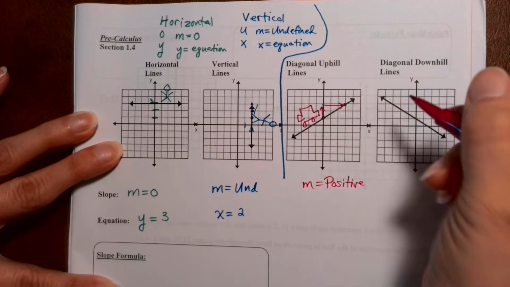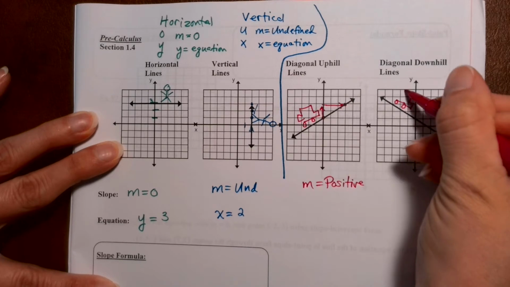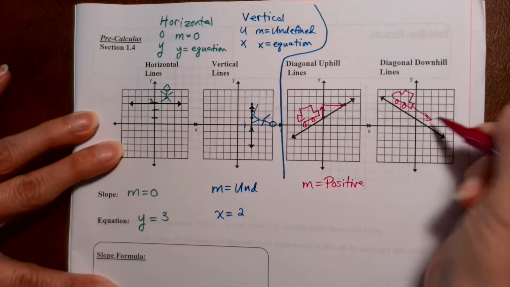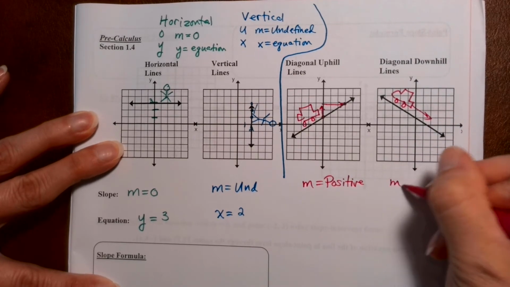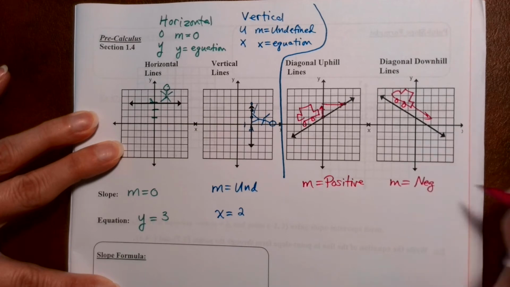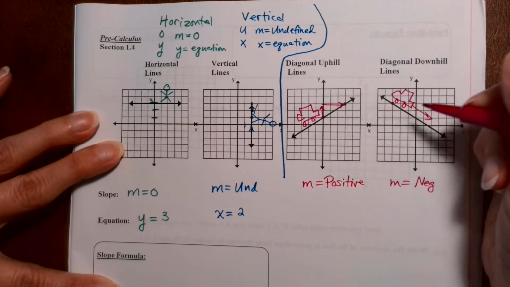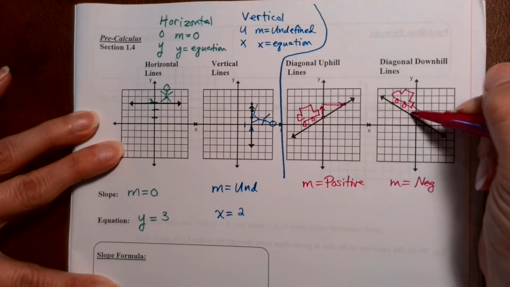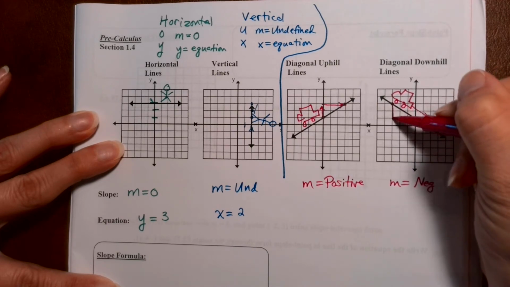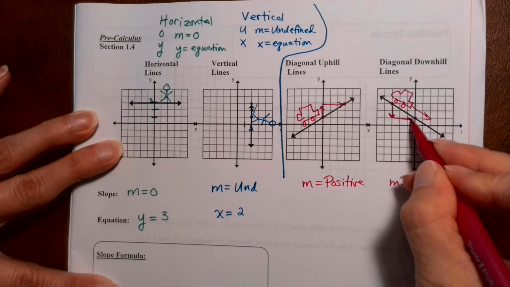A downhill line, again, the car drives left to right. This car is going downhill, and then the slope is going to be negative. You'd have to find 2 points, and once again, that's not a point, not a point. Here's a point. It would be down and then over.